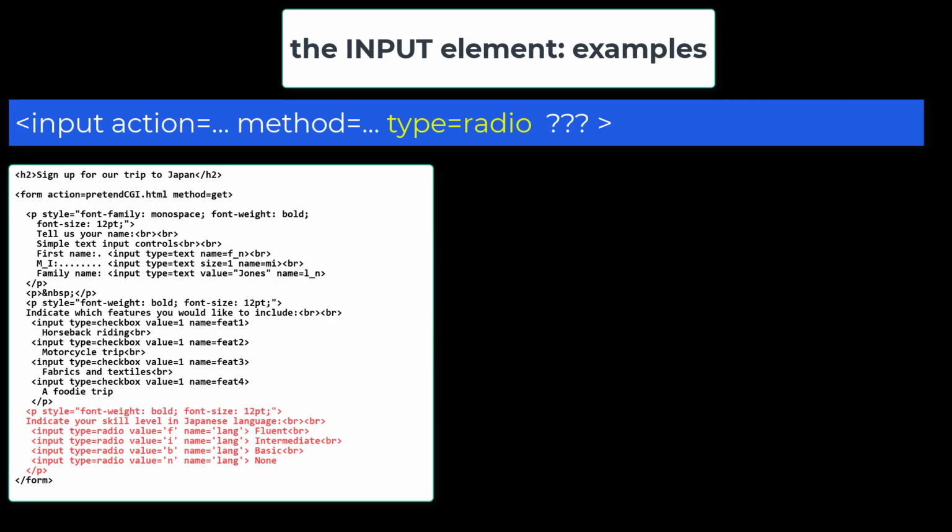In this example, we add some new code. In particular, we add a paragraph with style, font weight bold, font size 12 point. Indicate your skill level in Japanese language. New line, new line. Input, type equals radio, value equals F, name equals lang. Fluent, new line.